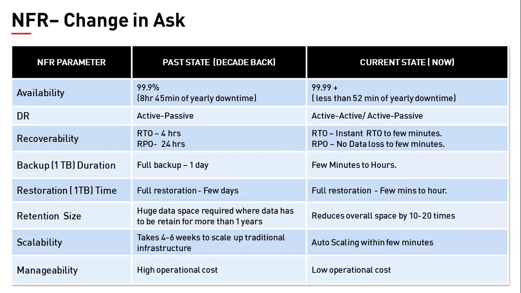A few years back, an RTO of 4 hours and an RPO of 24 hours is something which business generally looked for. But today, it's instant RTO and RPO that the business is looking for. They really don't want to lose any data. They want that if we invoke a DR, the DR should be activated in no time post invocation.